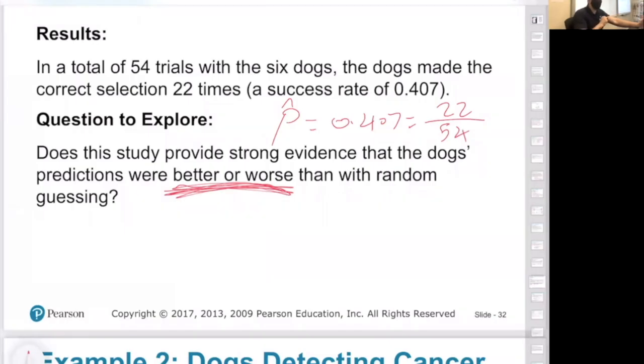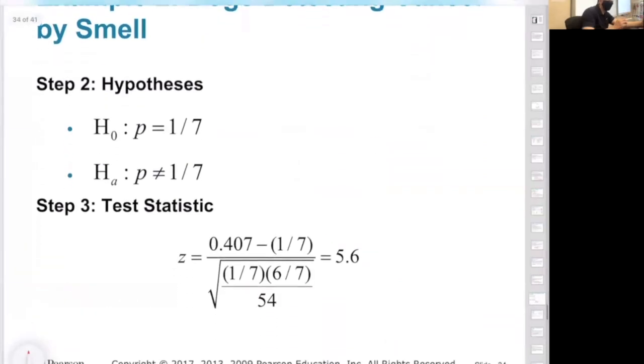Suppose we change the question: does this study provide strong evidence that the dog's predictions were better than with random guessing? If it's better alone, this means you have a right-tailed test. If it's worse alone, it will be a left-tailed test. But here, because we have better or worse, it's a two-tailed test. So in this case, the alternative is not equal to 1/7.